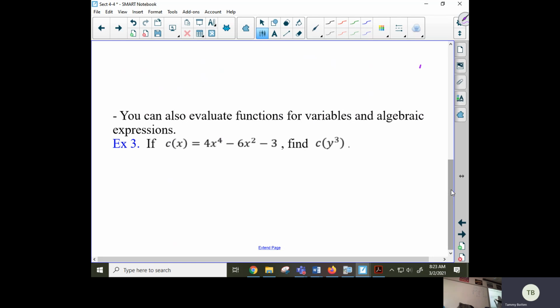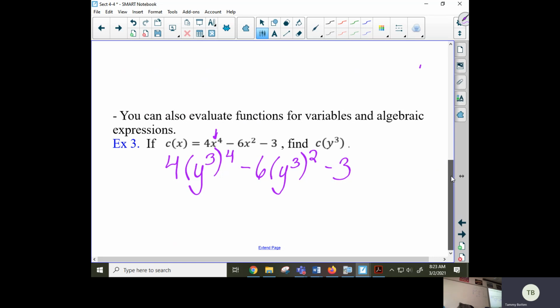So y to the third goes in for x, and it would be to the 4th power. Minus 6, and then y to the third goes in for the x, and because the x is squared, this has to be squared. And then it's minus 3.